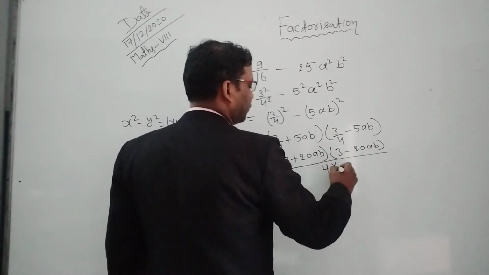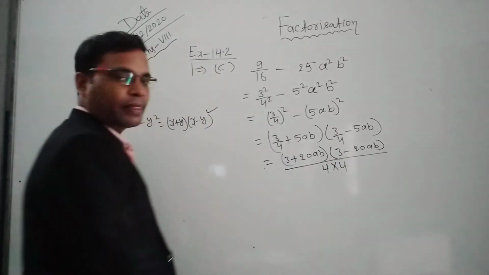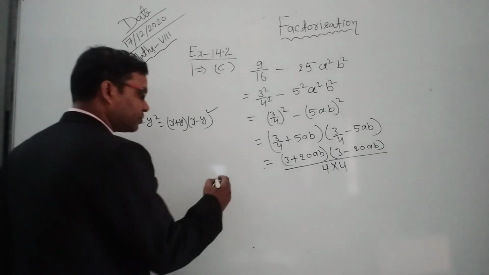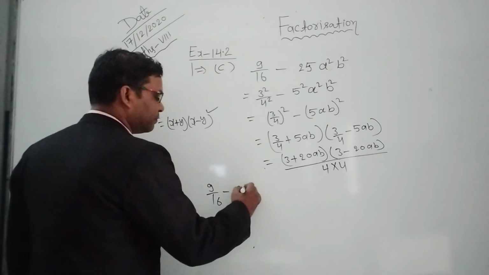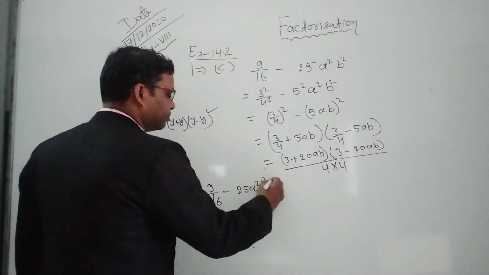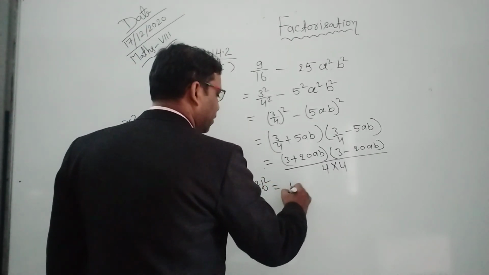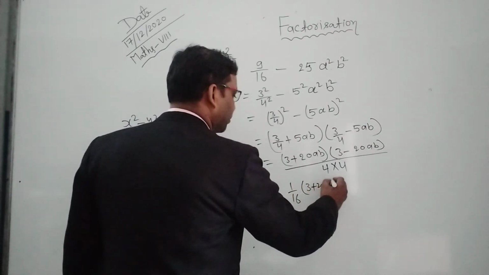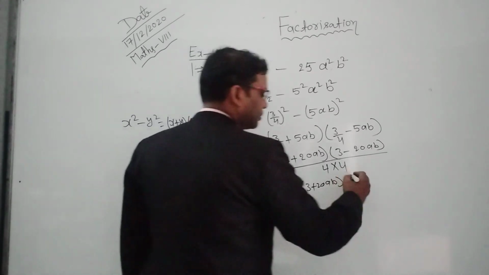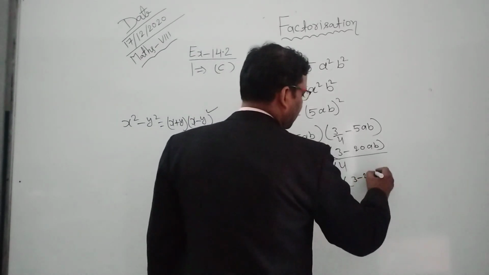So 9 by 16 minus 25 a square b square is equal to 1 by 16 into (3 plus 20ab) into (3 minus 20ab).